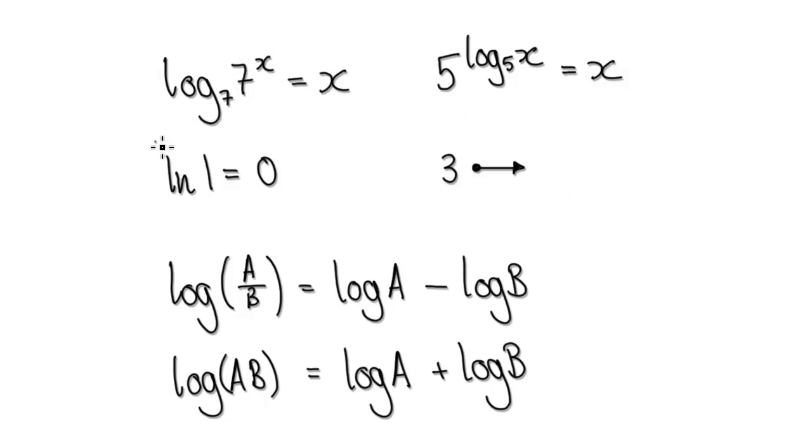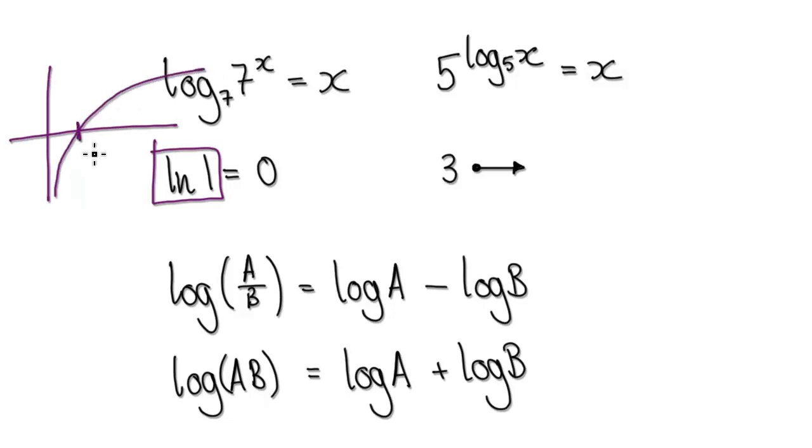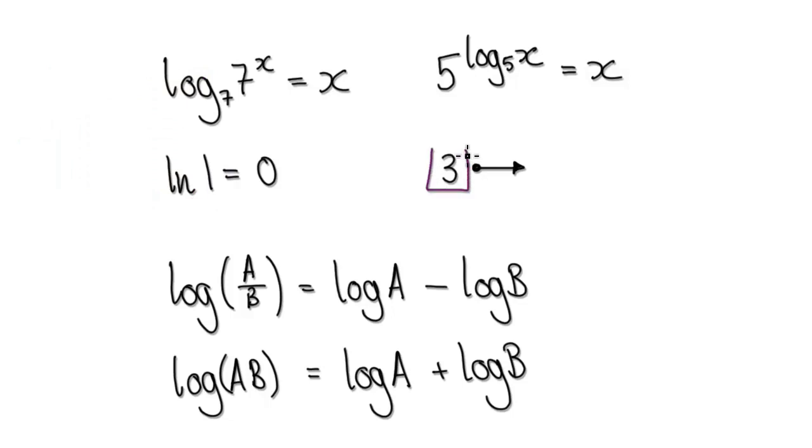And then I need you to know that natural log of 1 is 0, because the natural log graph looks like this, and when you take natural log of 1, which is here, it is actually 0. Another trick that we normally use is that whenever you have a constant, the number 3, you can always write it as log, let's say log 8, of 8 to the power of 3.